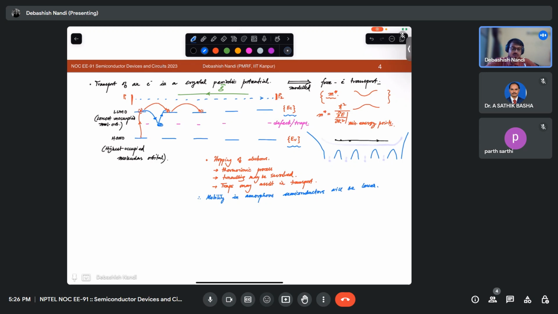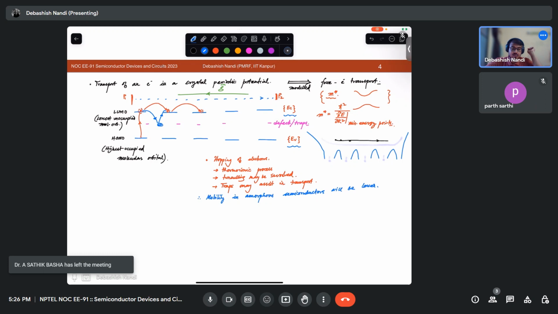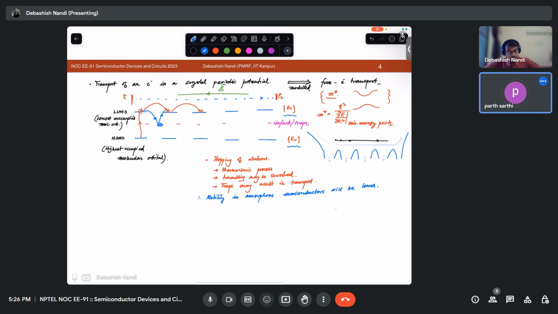You may be wrong. What is the value of electron mobility in bulk silicon? Yeah, Parth, can you answer? No, sir, I didn't remember. These figures you should try to remember, right?